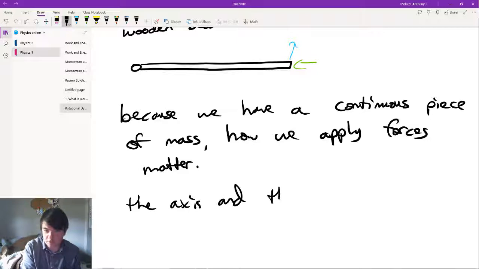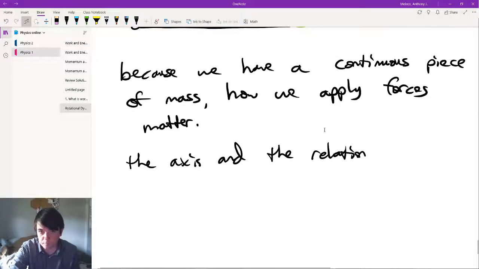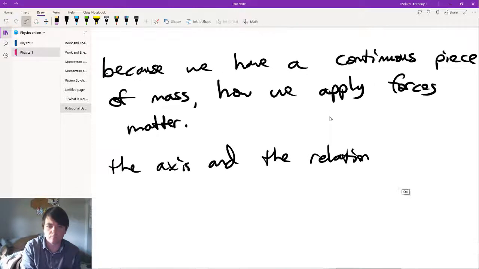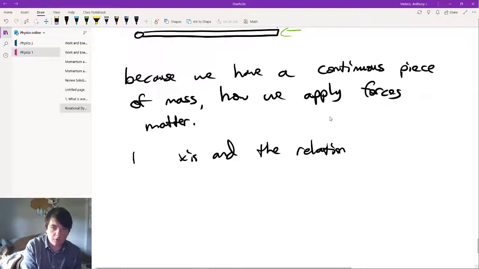So the axis, or here, let me write it like this.